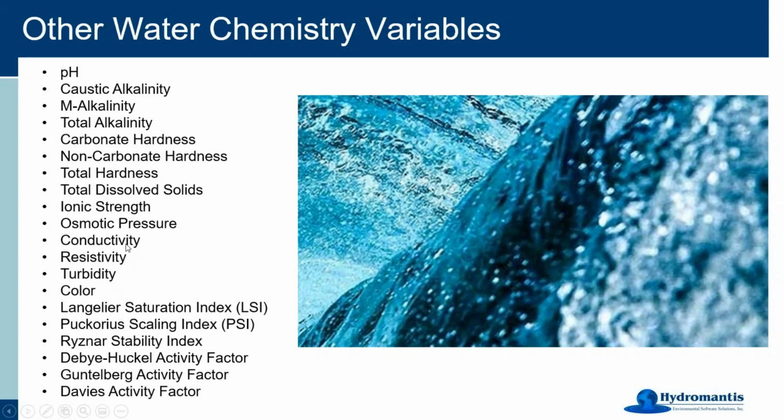So all these calculations are really important, and depending on what type of water you want to produce, some of these may be more important than the others. We also do calculations for some of the important indices. For example, Langelier saturation index, Puckorius scaling index, and Ryznar stability index.